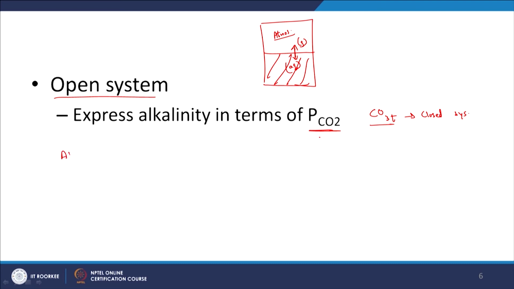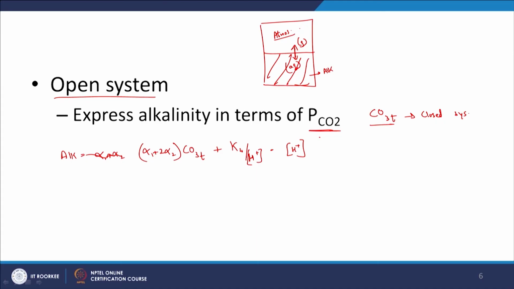So we know that alkalinity is equal to alpha 1 plus 2 alpha 2, because it's 2 times CO3 2 minus, into CO3 total plus Kw by H plus minus H plus, right? And what is this equation though? This equation is when we have alkalinity initially, I guess. This is the alkalinity equation for initial cases.